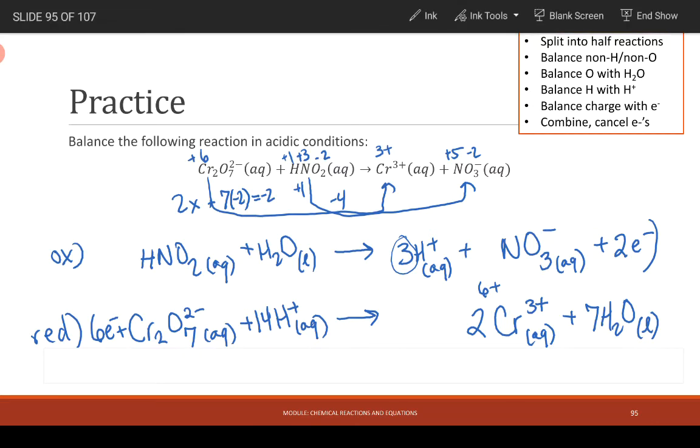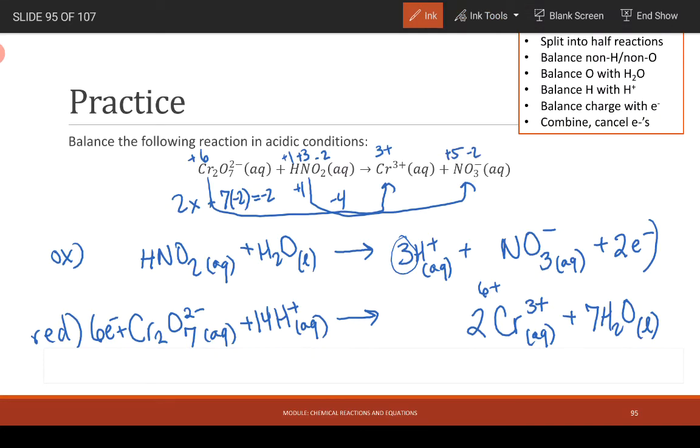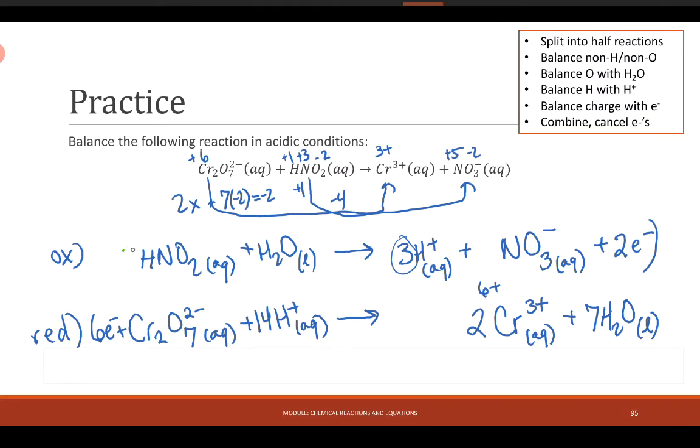Let me switch color pens, and then I'll distribute out that 3. 3, 3 times 3 is 9. That's a 3, and then that would become a 6.